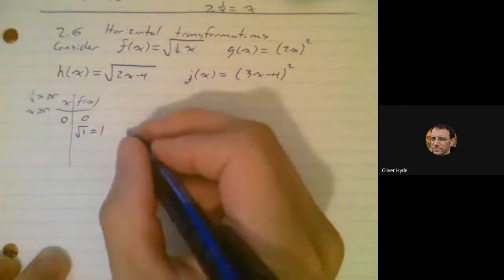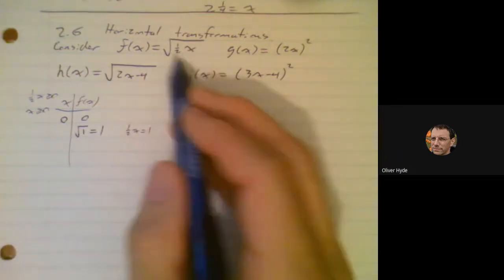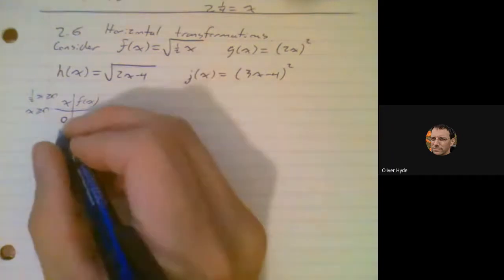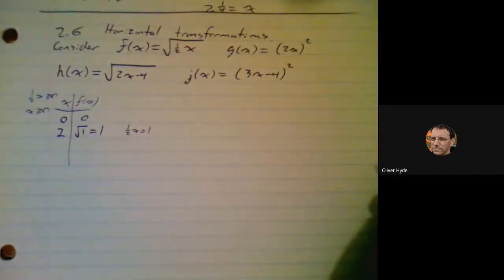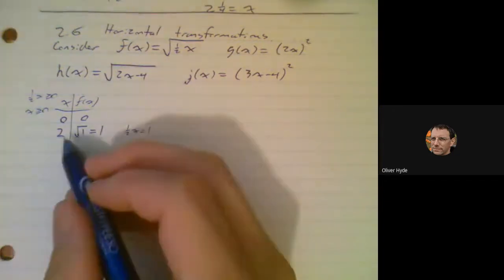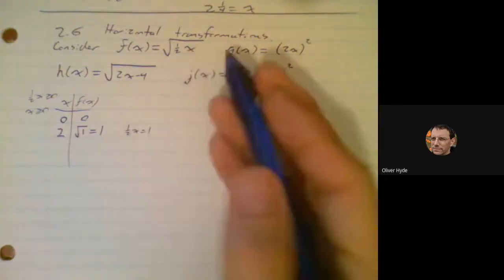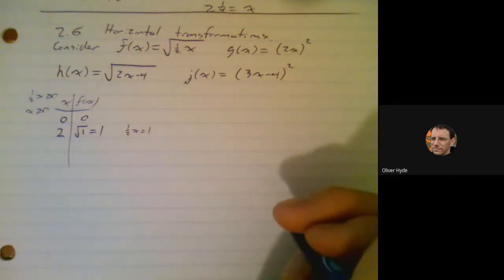If I want to make 1/2 of x equal to 1, because I am halving my input before I take its square root, I must now substitute in a number that is twice as large as it used to be. My inputs can now be double what they used to be.